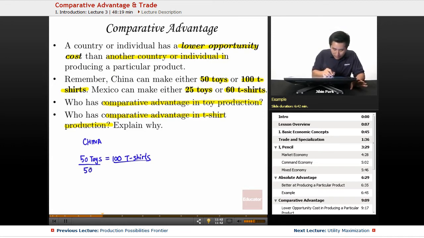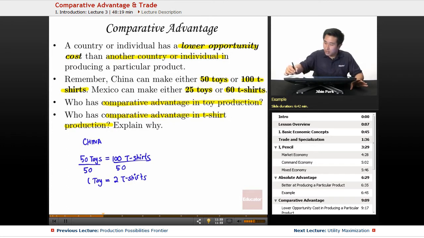So we want to divide by 50 here. So we get one toy equals 2 t-shirts, right? Now we also want to figure out what the opportunity cost is of one t-shirt. So instead of dividing by 50 here, let's divide by 100.